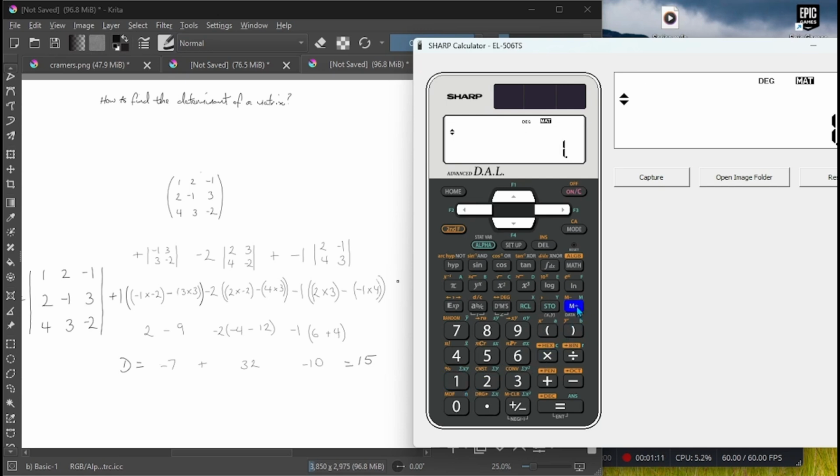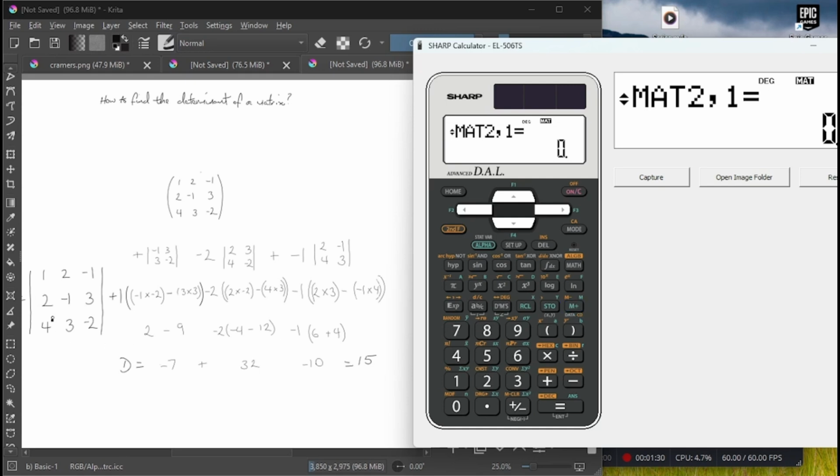1. And for the first row and the second column, what is the element? 2. Okay, M plus again. And now for the third element, -1 and plus.